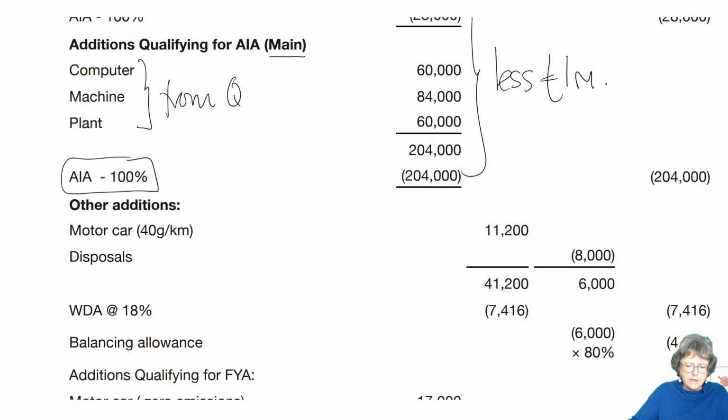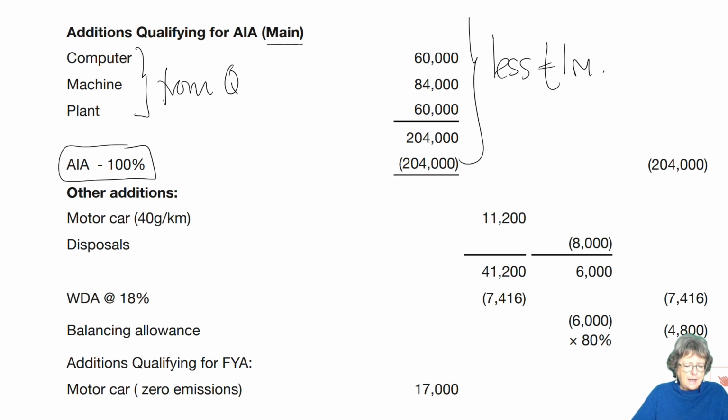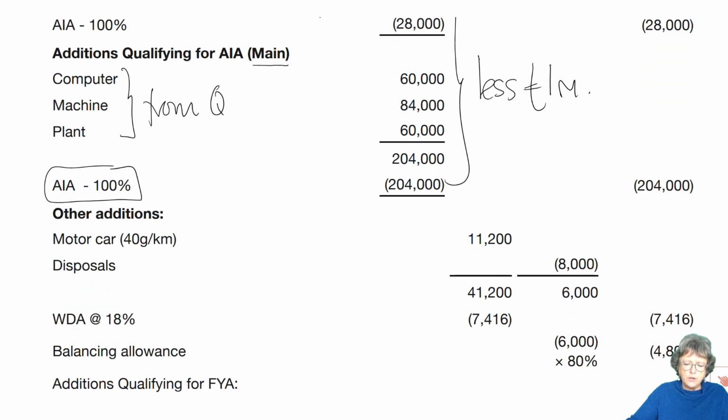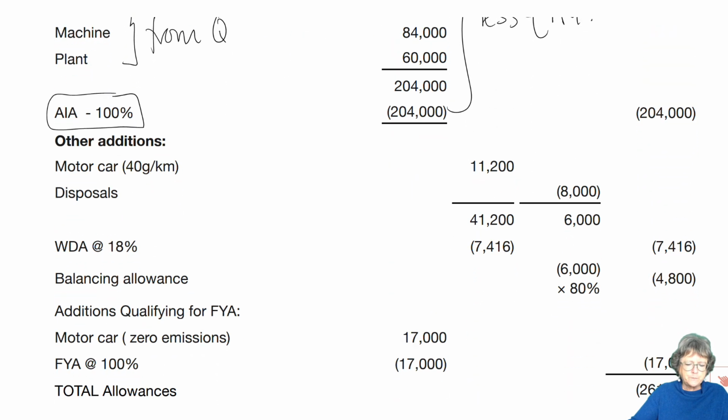Our other additions, there's a car and a disposal of the business use car. So the main pool has an 18%. That's the main pool. 18% goes in the end column. The balancing allowance is done in full so that this comes down to nil.